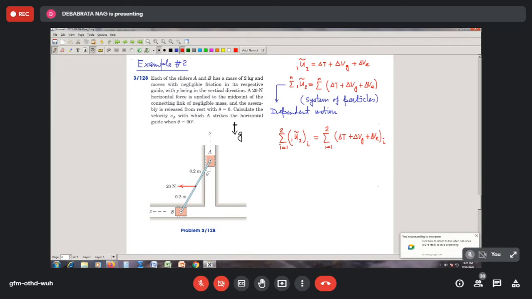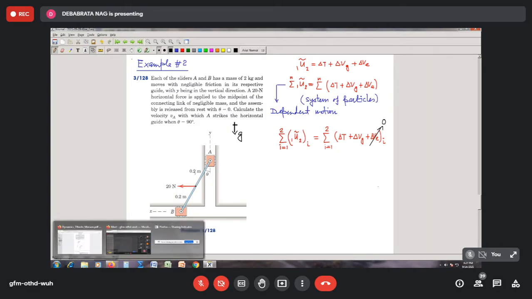Since we do not have any delta V, I just set this equal to 0, because in my case there are no springs associated with our system.